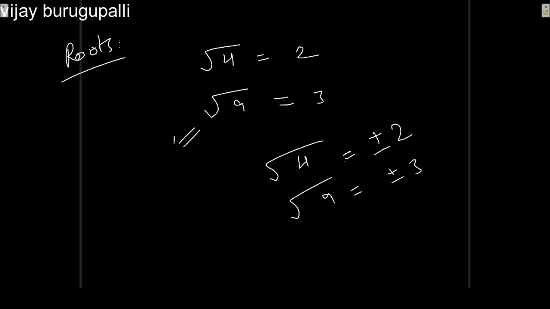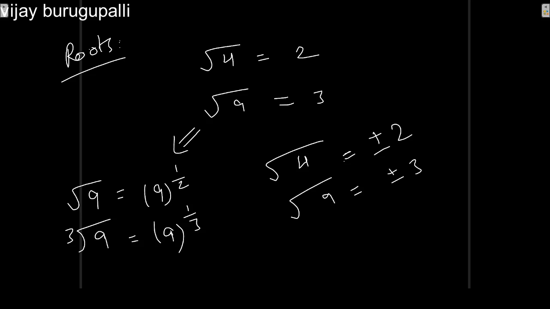Square root of 9 means 9 to the power of 1 by 2. If you have cube root of 9, that means 9 to the power of 1 by 3. If you have fifth root of 9, you can write it as 9 to the power of 1 by 5.